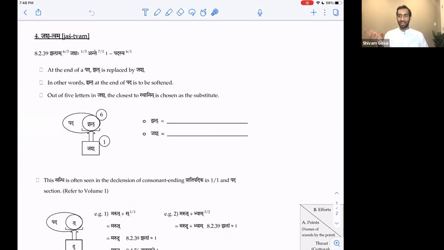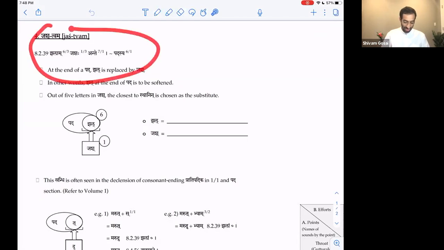Mine is page 65. Some people have 77, we have different books. You might have 65, 77, mine's 71, but you're looking for the index Jashtvam. There's an earlier Jashtvam and a later Jashtvam. Make sure it looks like this. It should say 8-39 underneath.